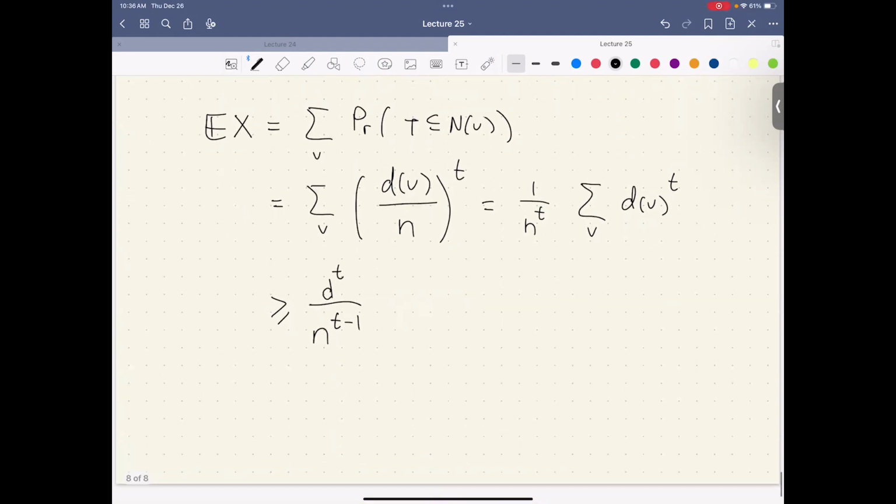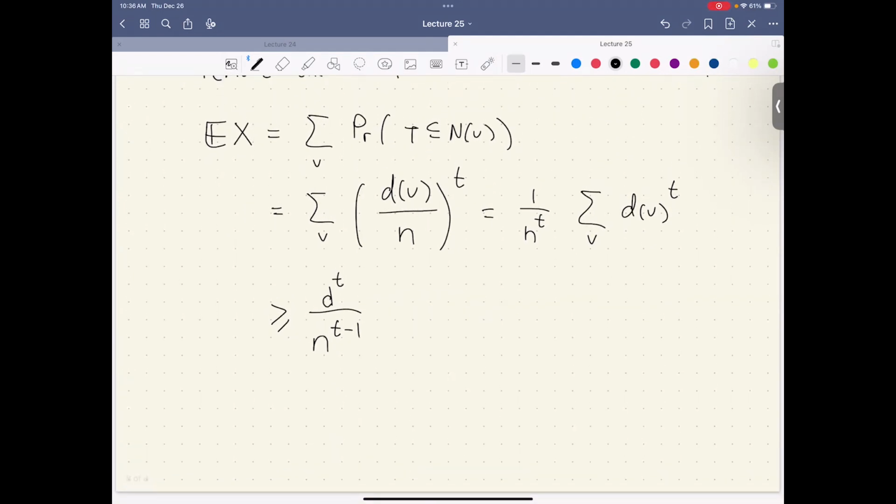Good. What about Y? For Y, which counts the number of bad sets, let's fix an R set.